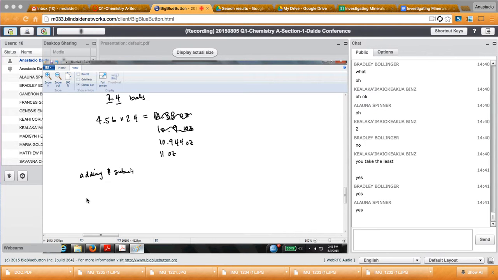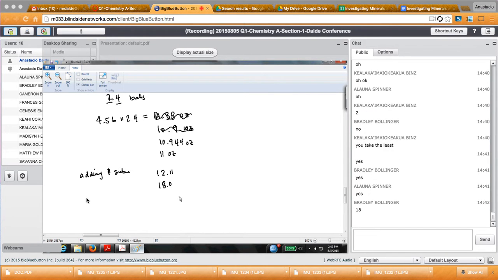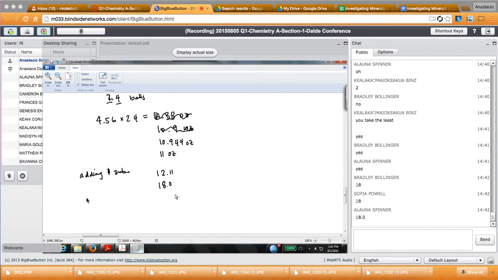So, for example, if I have 12.11 and I have 18.0, which one has the least amount in its decimals? The 18.0, exactly. Very good. So I'm going to still add this together, right?